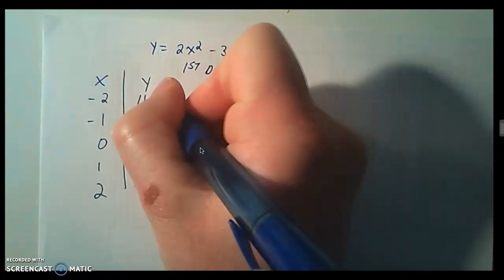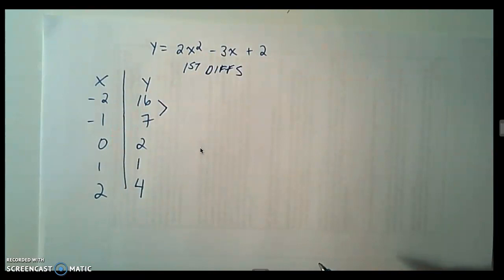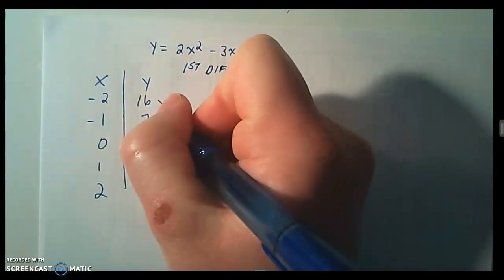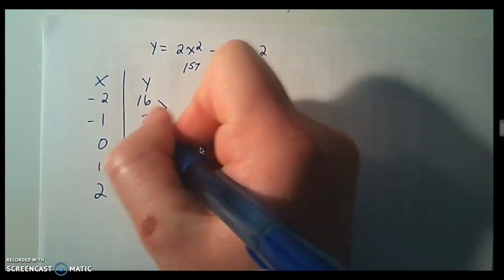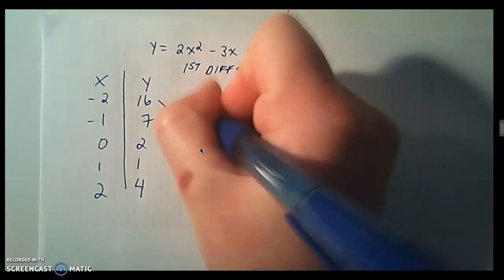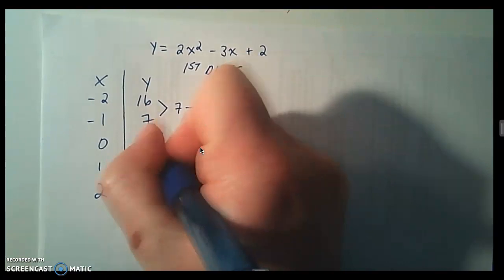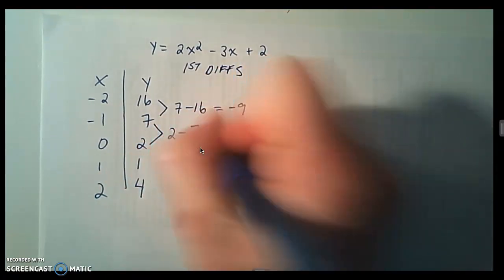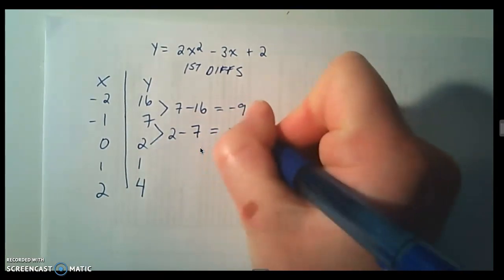Okay, and these are differences in y values. Difference means you take the number below and subtract the number above. So 7 minus 16 is negative 9. Then here I'm going to do 2 minus 7, and that's going to give me negative 5.